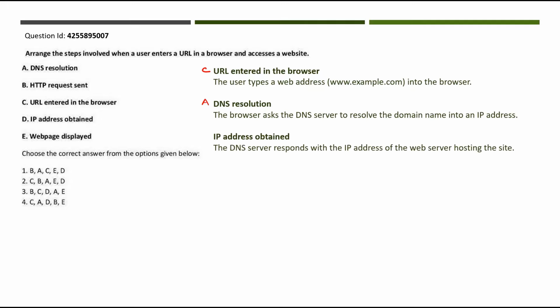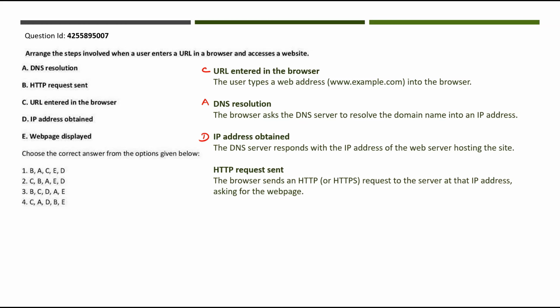It will ask the DNS server for the IP address and the IP address is obtained now. The DNS server responds with the IP address of the web server hosting the site. We have got the IP address now, which is D. After that, HTTP request sent will be B here.